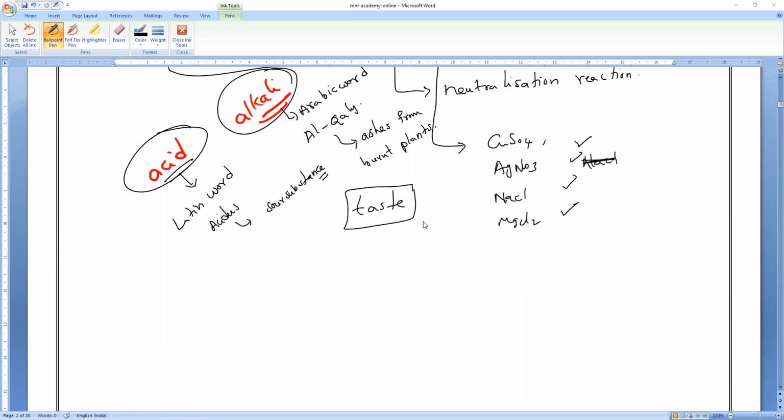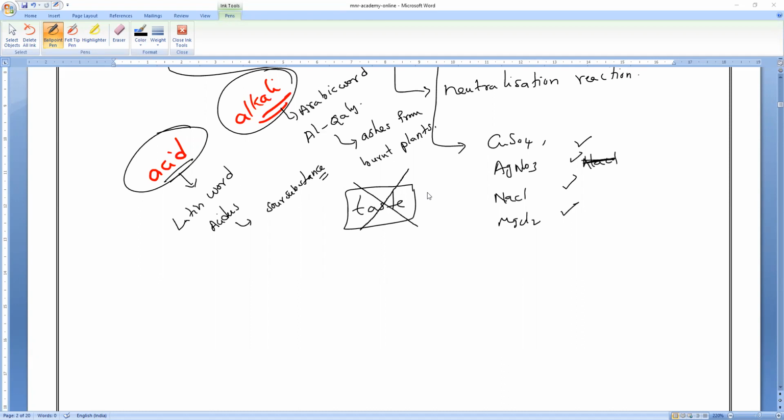In this chapter, we will learn the concept of acid, the concept of base, and the classification of different properties, and how to identify whether a given substance is an acid or a base without tasting. Taste is not a preferable method. Is it okay, everybody? Clear till here?